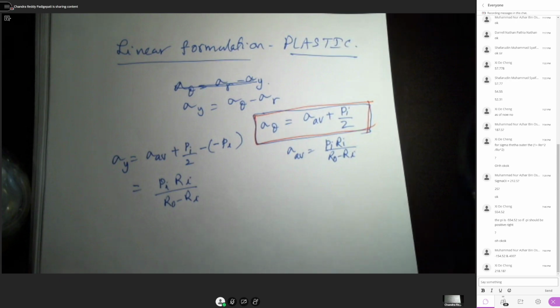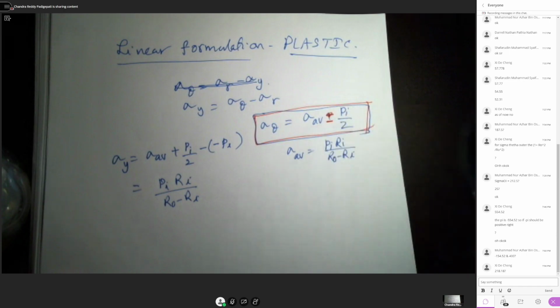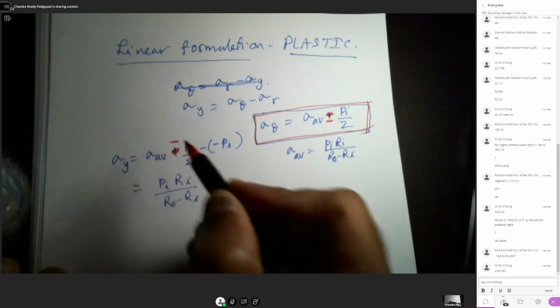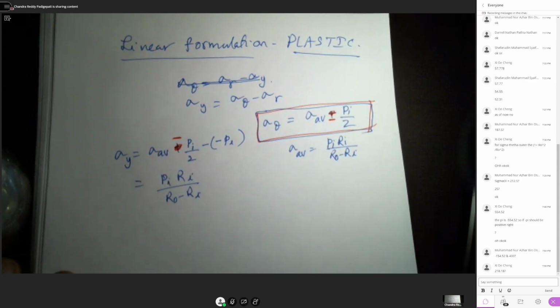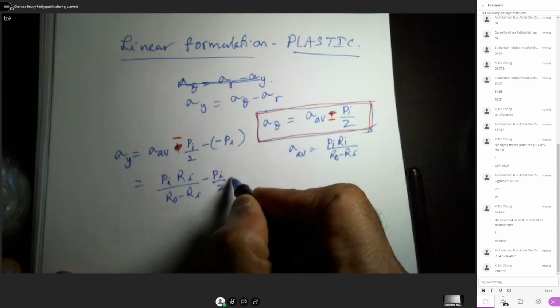Okay, so you can write now pi ri. I'm sorry, I think I wrote the formula wrong. So this should be negative, minus. So here should be negative. So you can write negative pi over 2 plus pi.